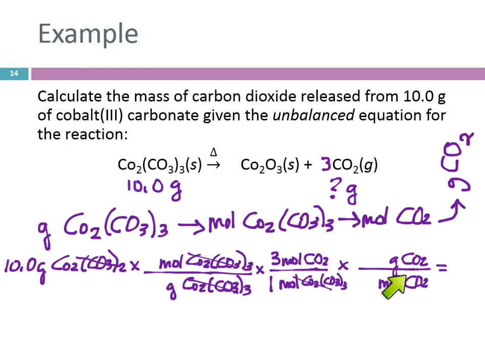So for carbon dioxide, it's the mass of oxygen twice, plus the mass of carbon. I happen to know that one. It's 44.01. The other one, I don't run into very often. I don't even remember the molar mass of cobalt, 58.93.